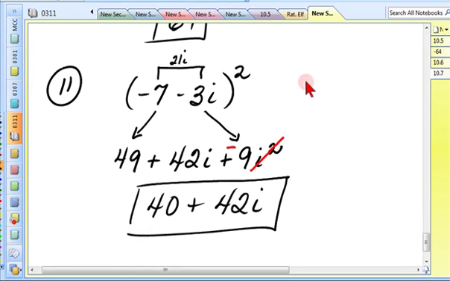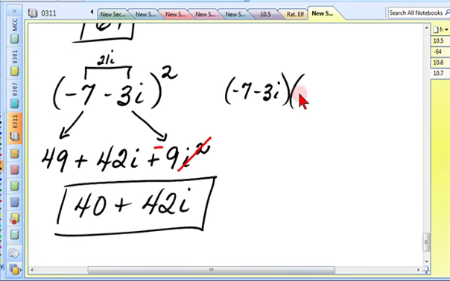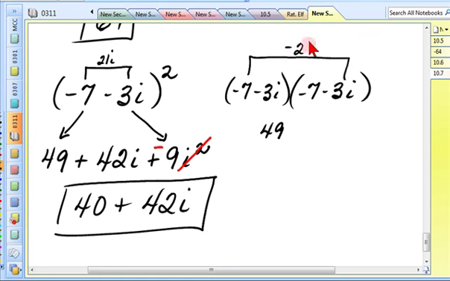Now, you could have said -7 minus 3i times -7 minus 3i. The product of the first is 49. The outer product is -21i. The inner product is -21i. Those combined together, those were both negative, weren't they?